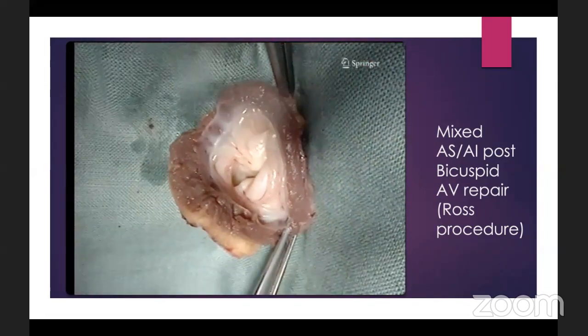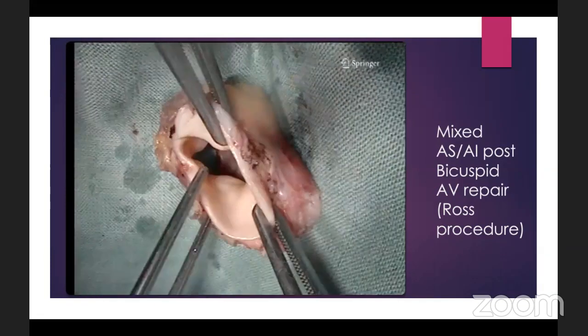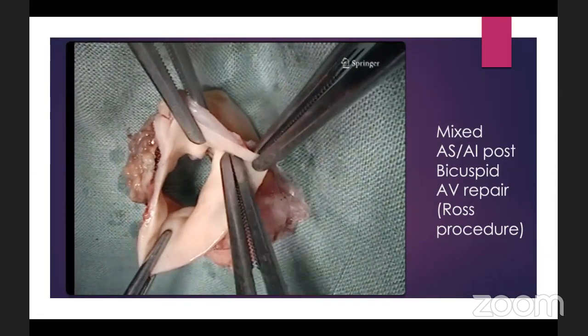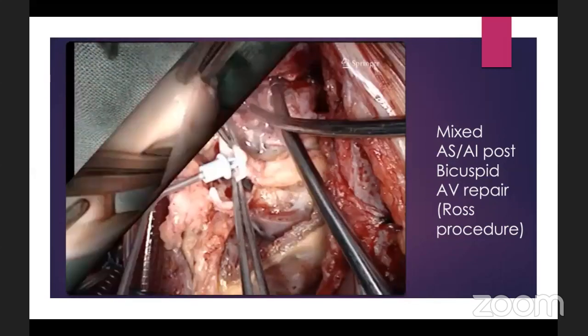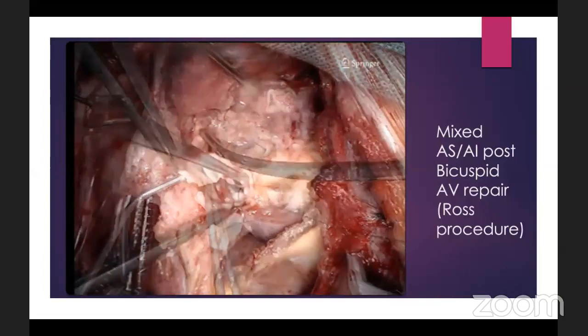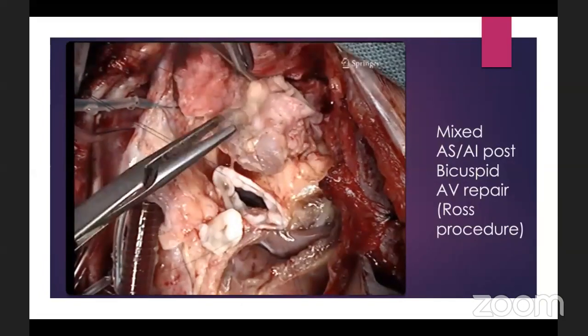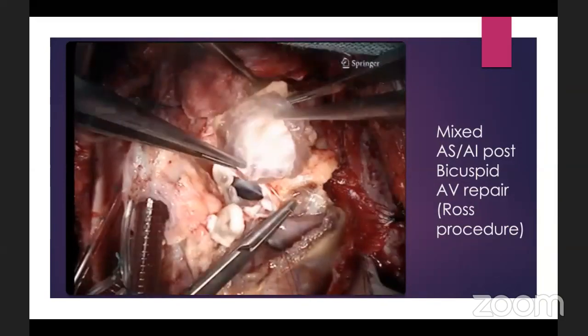The valve inspection is done to make sure there is no damage to the leaflets or to the sinuses. This is just additional dosing of cardioplegia. As you can see, the annulus here is preserved.